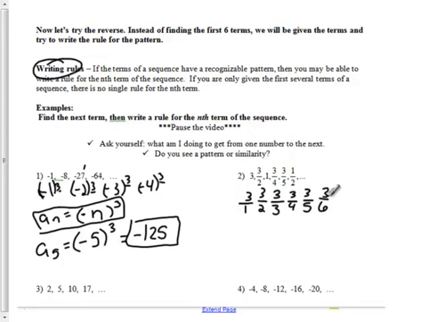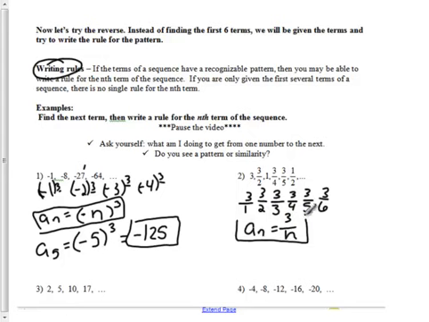Hopefully you guys all see the pattern. The top stays the same, which is 3, but the bottoms keep increasing by 1. So our pattern would be a to the n. Write whatever stays consistent, so the 3 stays on the top. However, the bottom is what is changing, so that is where I'm going to put my variable. I'm going to label it n. So this would be our rule.